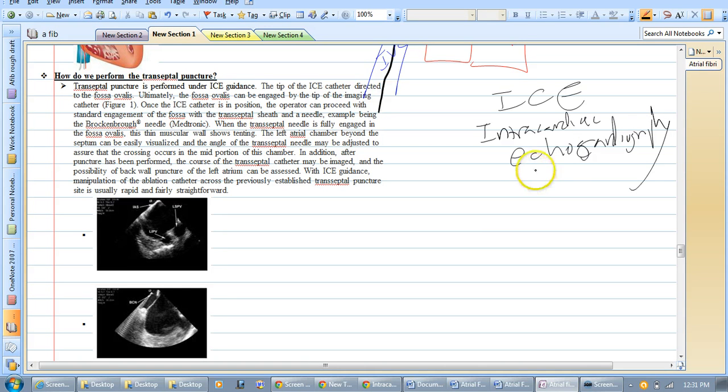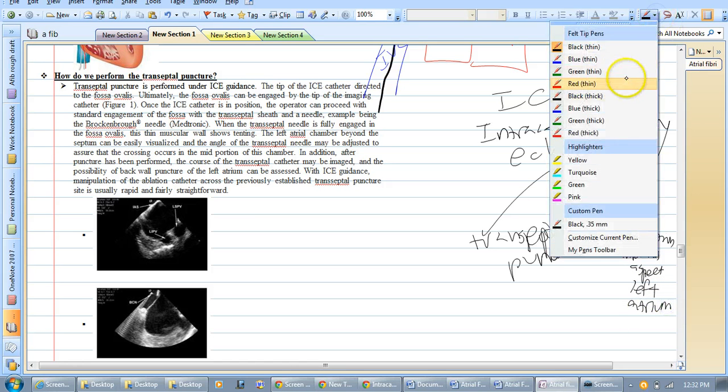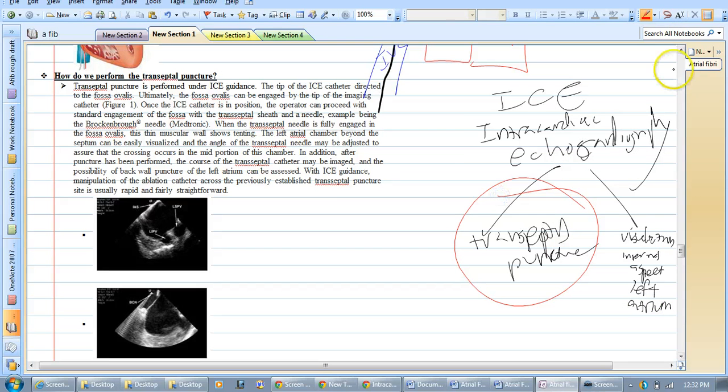And we showed that quick little algorithm above where ICE can be used for both transseptal puncture as well as visualization of the internal aspect of the left atrium. Okay? So in this case, what we're using ICE for is transseptal puncture.